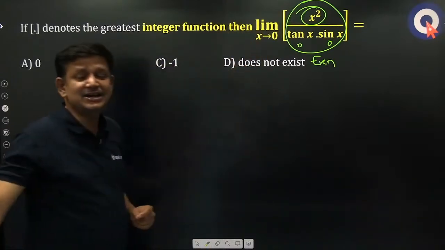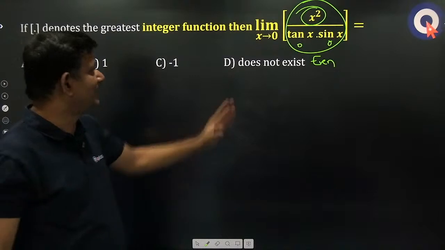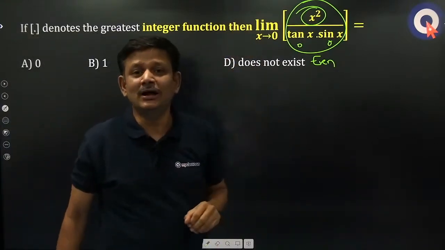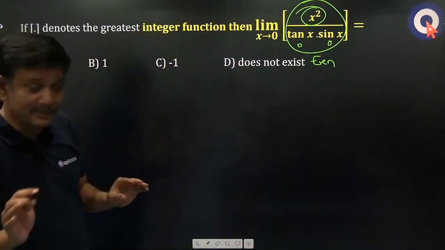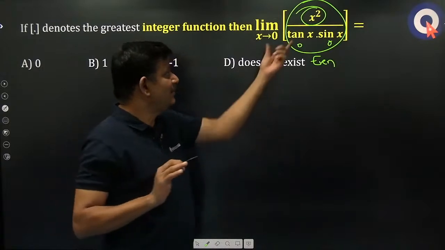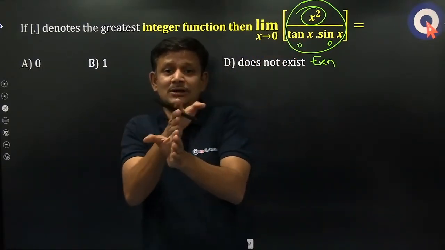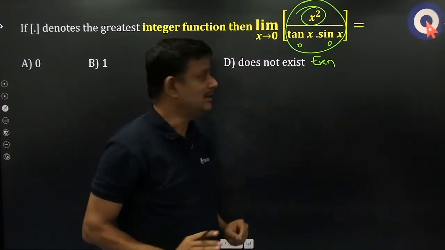So here I need not evaluate RHL and LHL separately, which would be a waste of time. Whatever your right hand limit is, the same thing will be your left hand limit. They will not be different because this is an even function. There is a beautiful symmetry about the y-axis: whatever is happening to the right, the same thing is happening to the left.